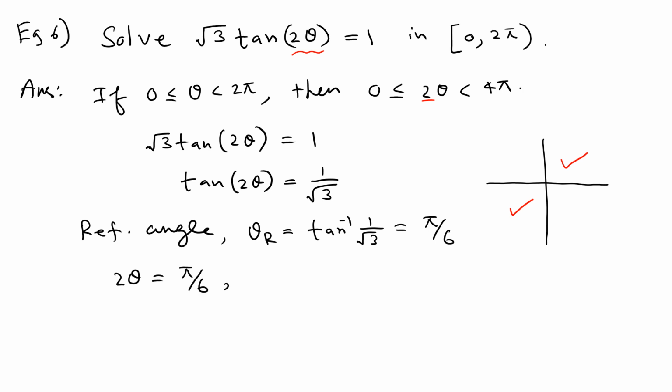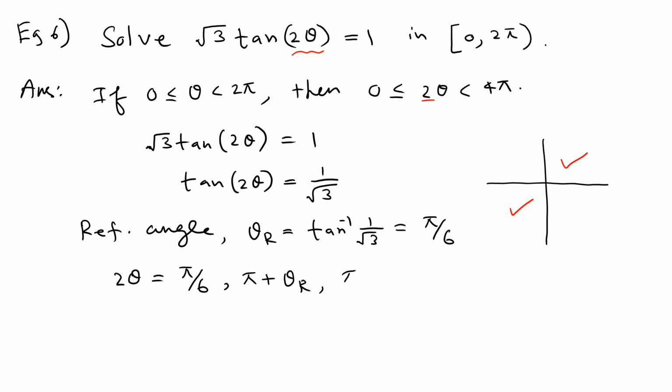And the second angle is simply pi plus the reference angle, which is the one in the third quadrant. Then we add 2 pi to these two to get the other two angles, because if you go another cycle you get the other angle.